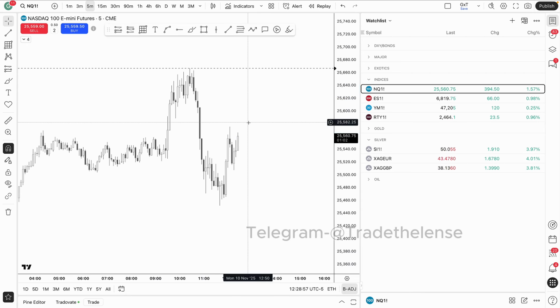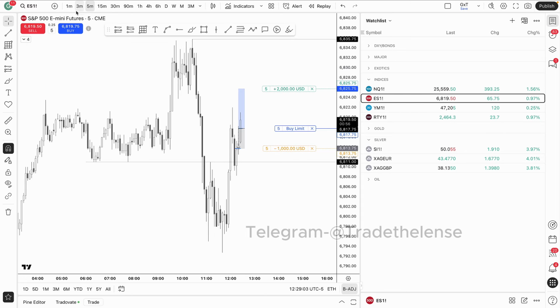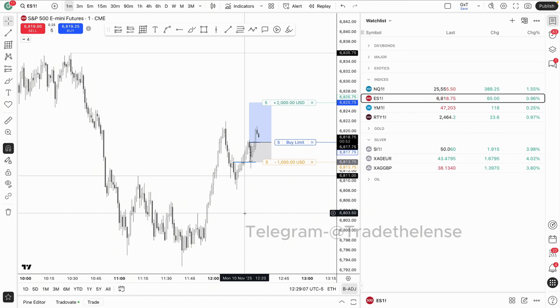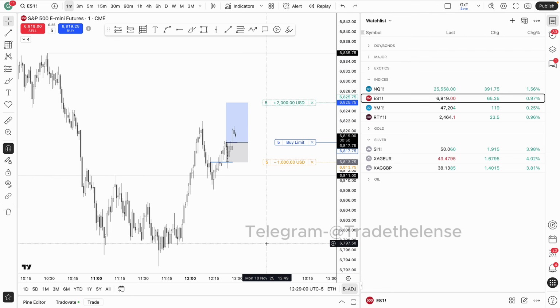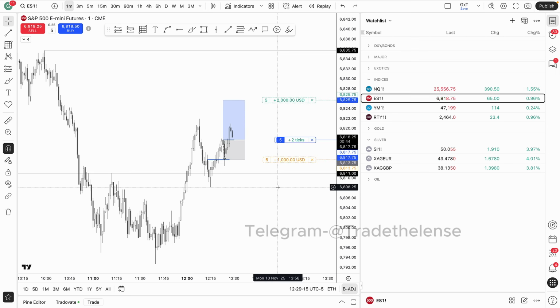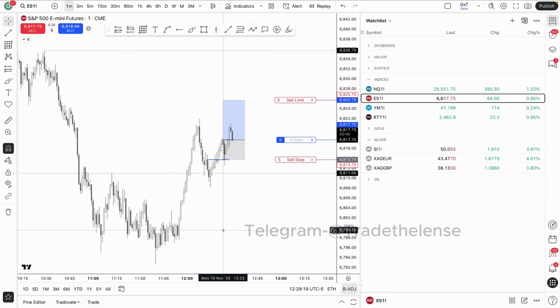Hoping lower time frame realigns itself again. Let's see if we don't get filled here. Okay, we just got filled. Cool.